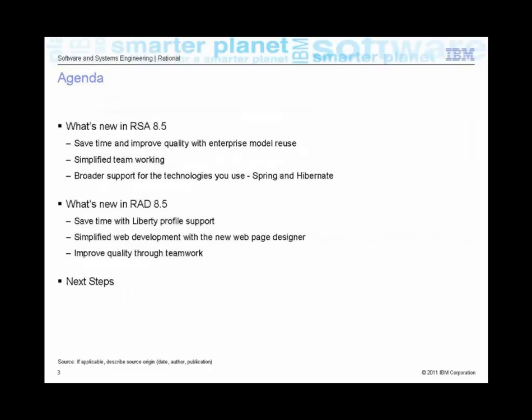So, what are we really going to talk about over the next 45 minutes or so? It's the 3 new things that are in RSA and a few quite exciting changes and differences around RAD.